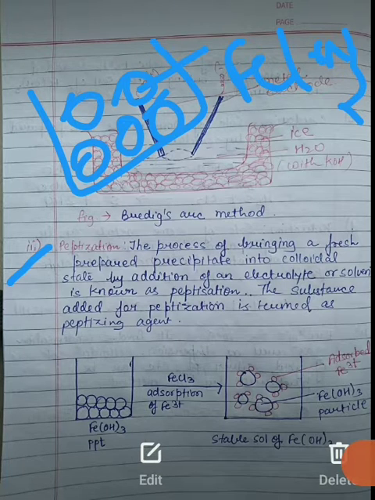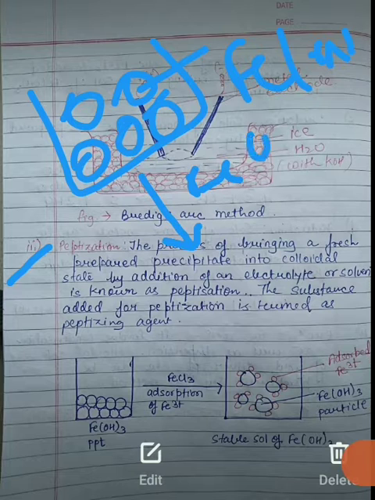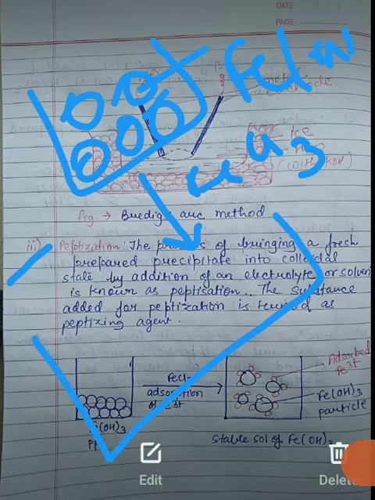This precipitate is of Fe(OH)3. Now we apply an electrolyte over it, that is FeCl3. Then adsorption takes place. What is adsorption? A dispersion medium and dispersed phase are there, and a substance gets adsorbed on the surface.